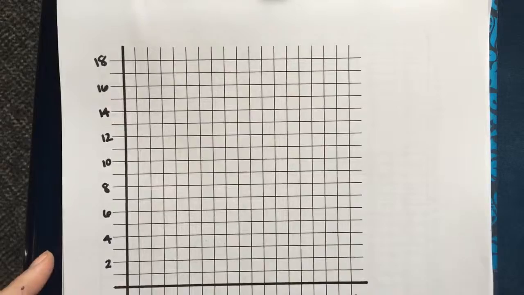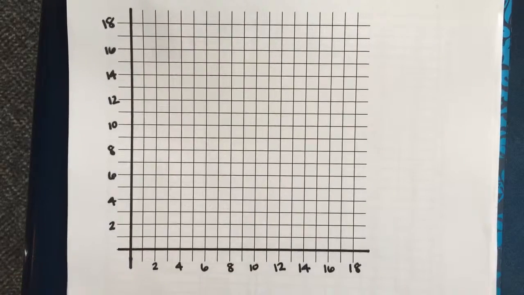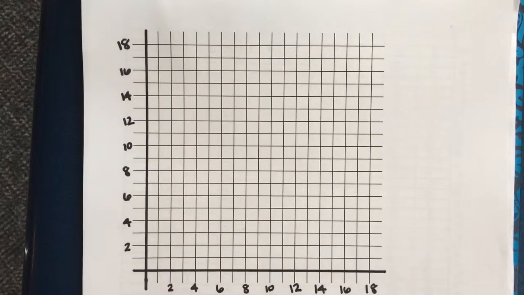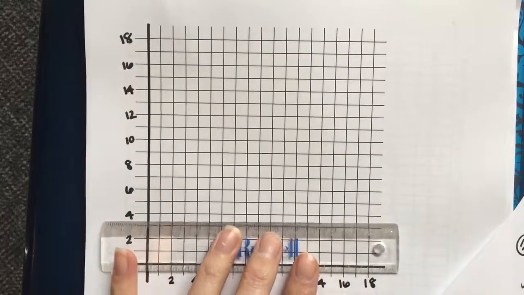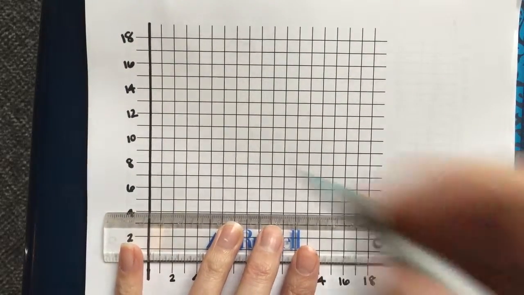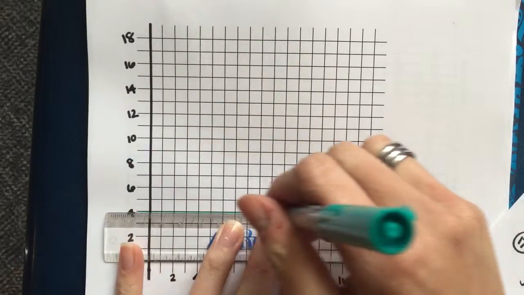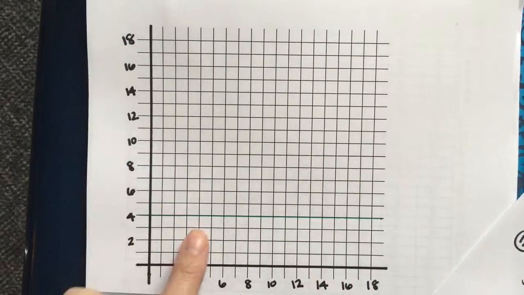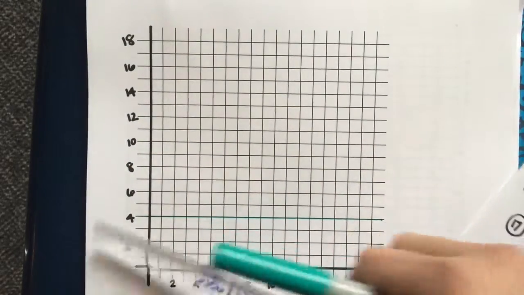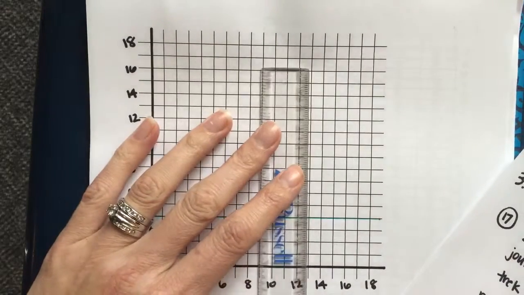So here's my graph. X greater than or equal to 0 and Y greater than or equal to 0 means that it is in the first quadrant. So that's all that I've used on my graph, the first quadrant. So I have Y less than or equal to 4. It's going to be below, so now I'm in this little rectangle. And X is less than or equal to 15.